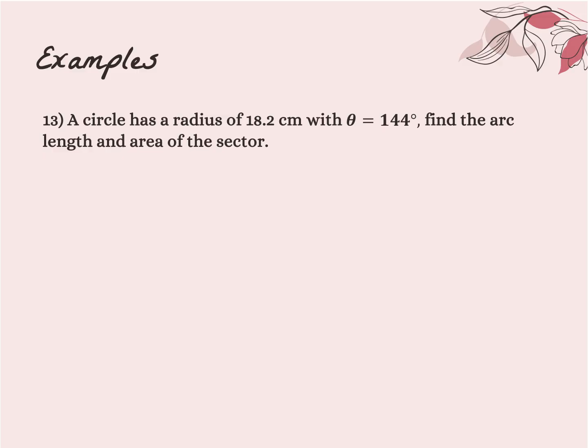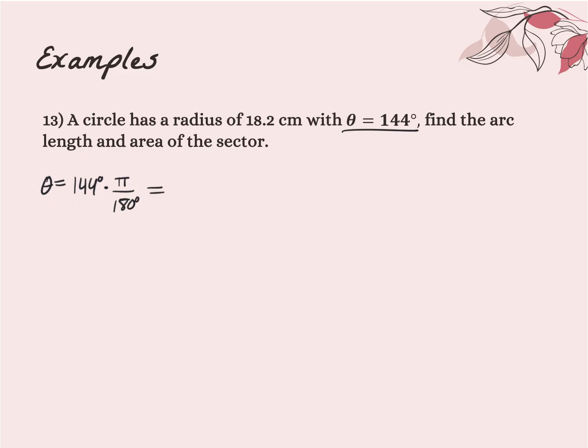All right, we're going to try the same thing. This time, the only difference is that we're given an angle in degrees. Now, remember, if it's in degrees, you don't want that. You need to convert it to radians. So it's going to be 144 degrees, and then the conversion was pi over 180.